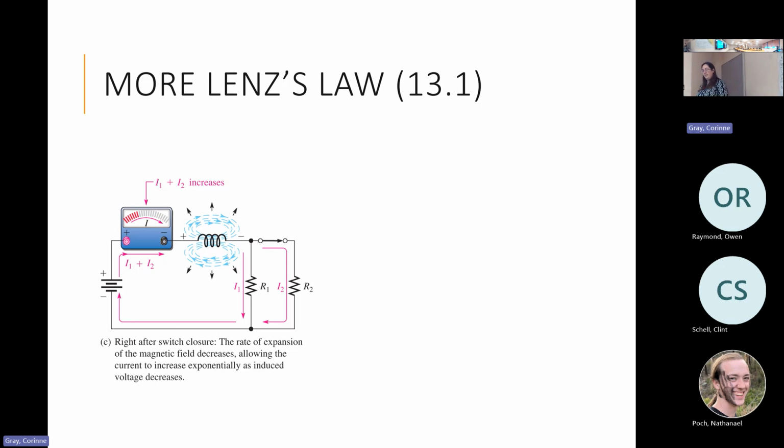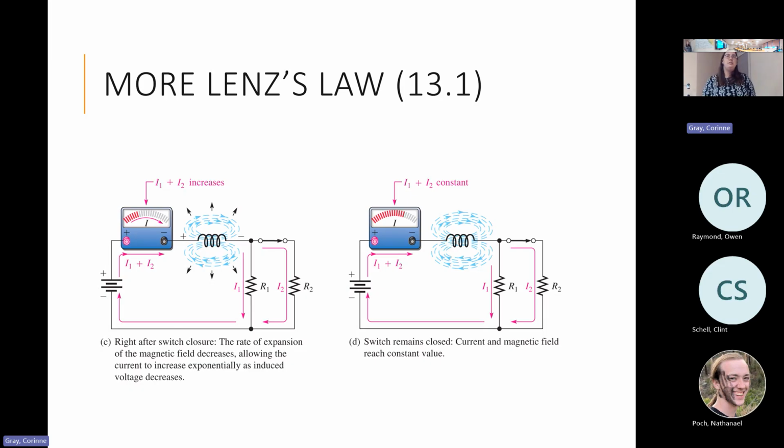We're assuming we're increasing it, and we'll see equations next week, but it's going to be an exponential change to my current. Eventually, as this runs for a long period of time, things are going to end up being constant.